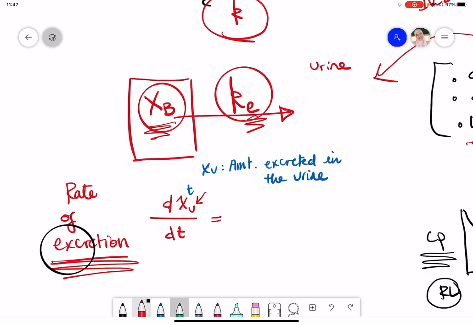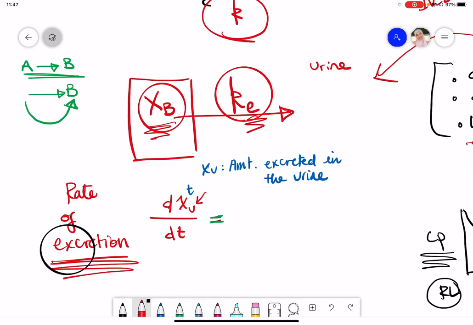If we want to remind ourselves of something that we did in the introduction of rates and orders of reaction, it's similar to whatever we mentioned, but I'm just talking about something that is increasing rather than something that is decreasing.